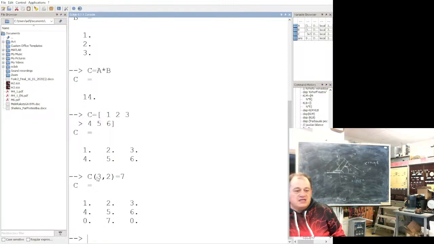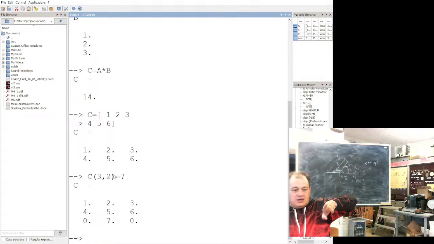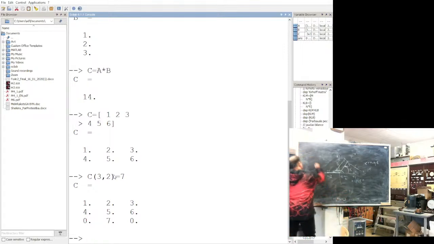I can use indexes. The first one is the number of the row, the second one is the column. Index in schematics is like this. First, second. Where will be the third dimension?